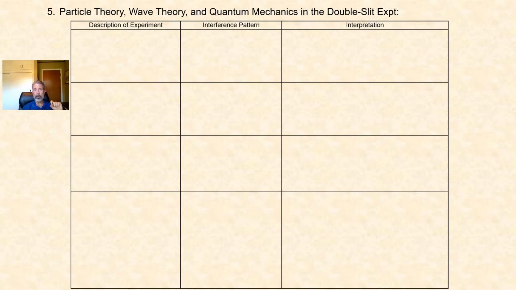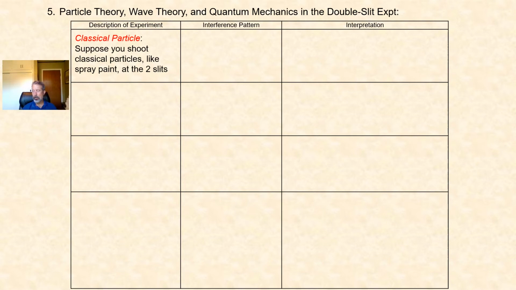In this slide, we're going to explore what happens when both waves and particles are aimed at our double slit grating. We're going to start out by assuming that we shoot classical particles at our two slits.